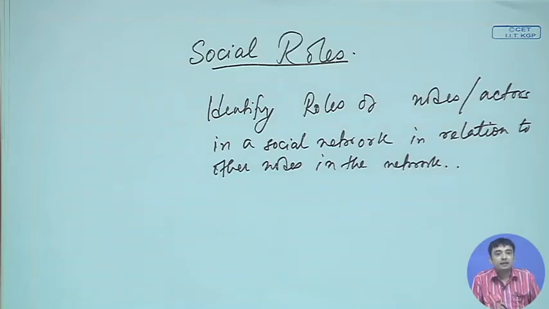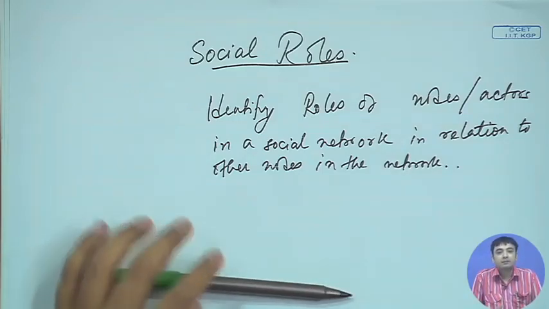For instance, let us take a simple example. The teacher student example. Let us consider a social network where I am an entity as a teacher, whereas you are an entity as a student. So, this is a teacher student relationship.